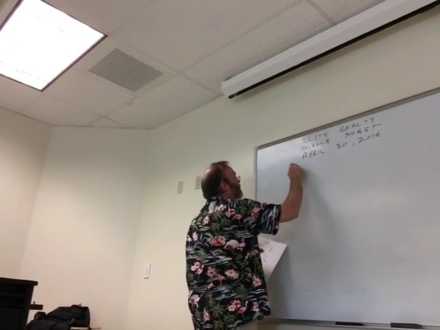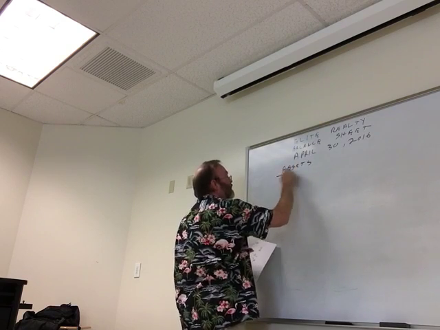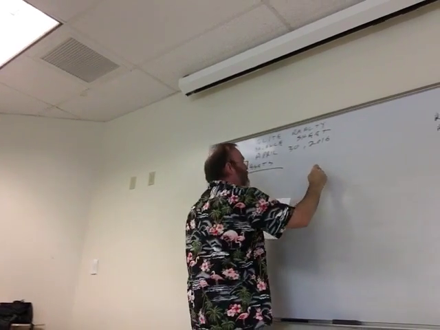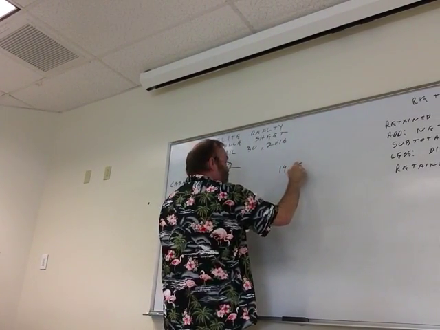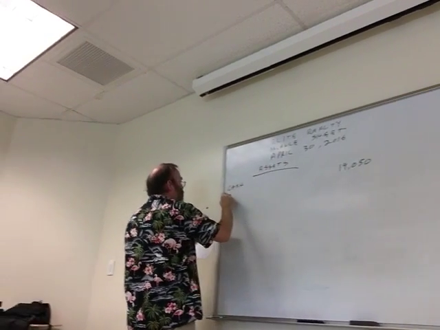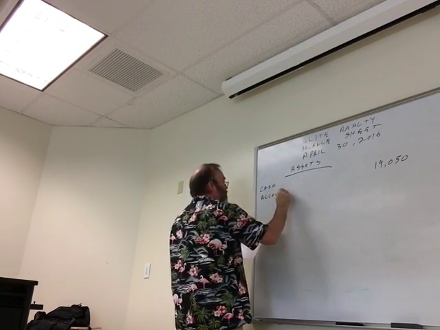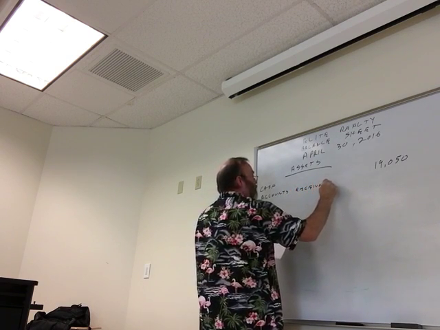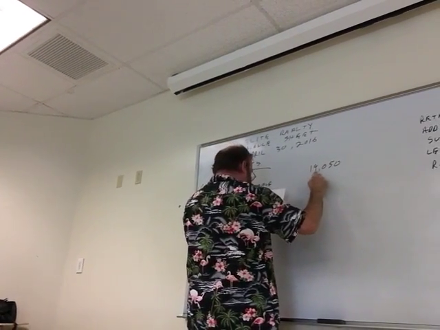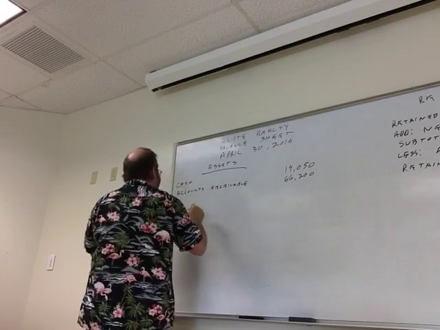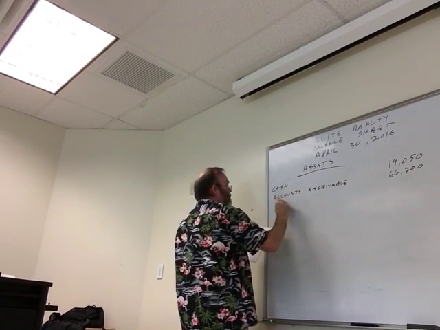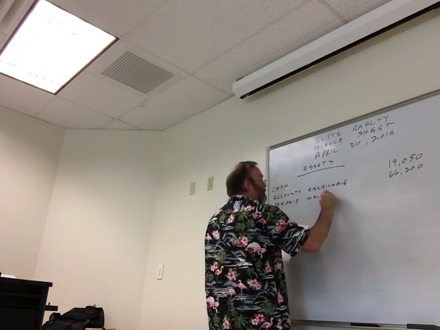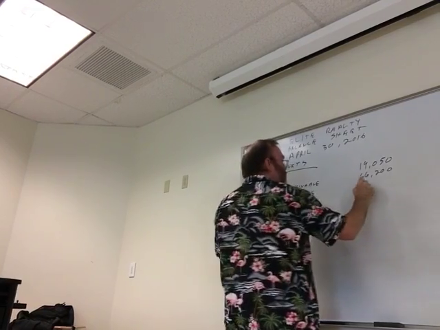So, assets are cash, which ended the month at $19,050. Accounts receivable of $66,200. Prepaid insurance, $9,000.